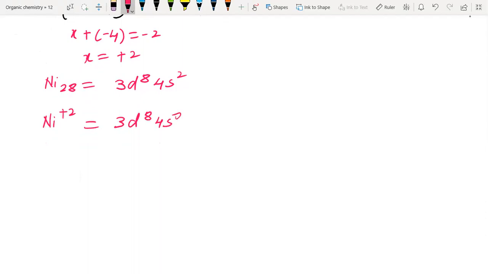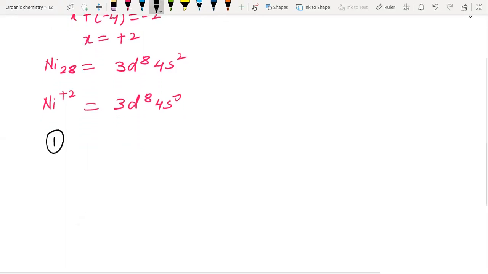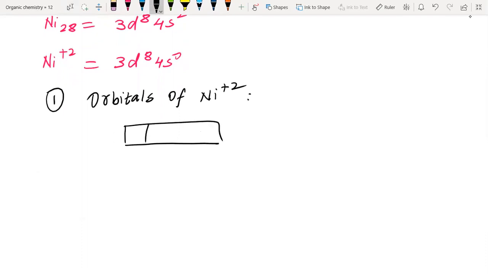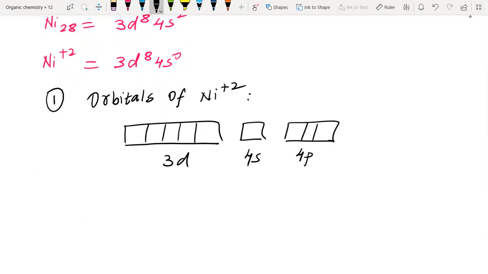Now, number 1 is the orbitals of Ni +2. That we can write like here, 3d, 4s and 4p.